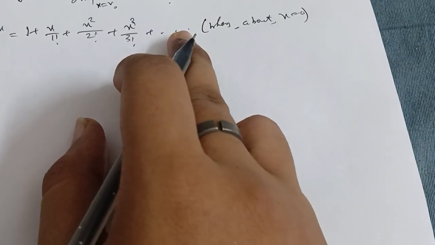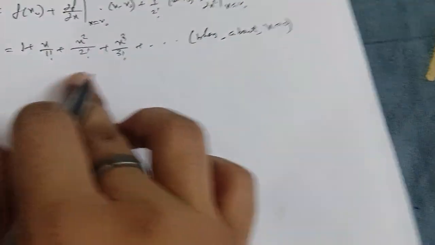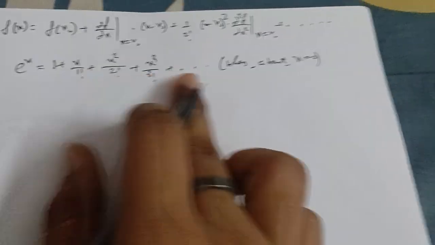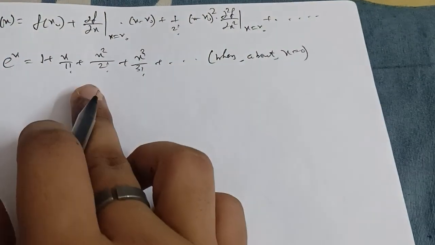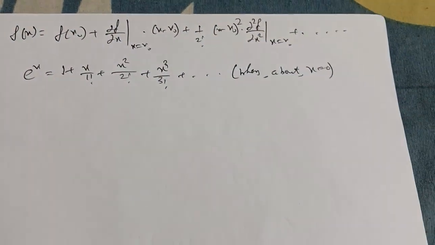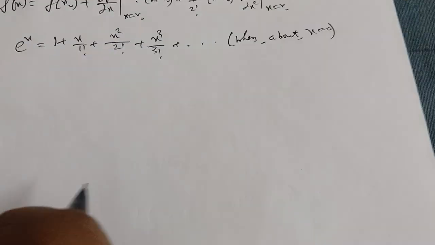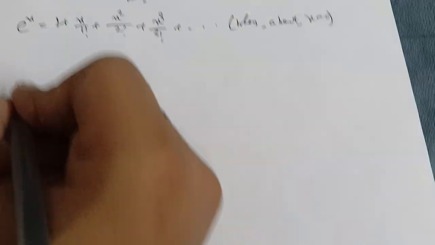You can check my results with any AI: this formula holds only when e power x is expanded about x is equal to 0, not every time. Okay. So how could I do this?